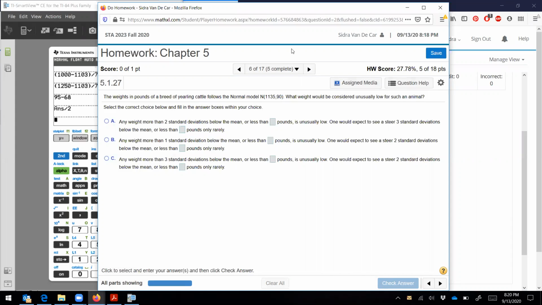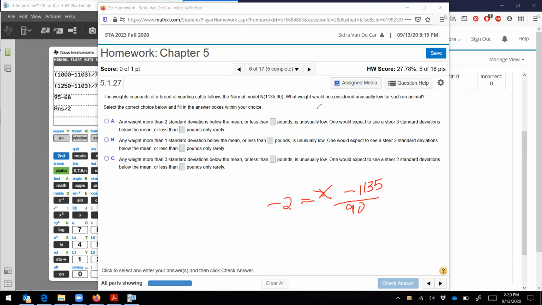So I want to know what X value would give me a z-score of -2 when my mean is 1135 and my standard deviation is 90.